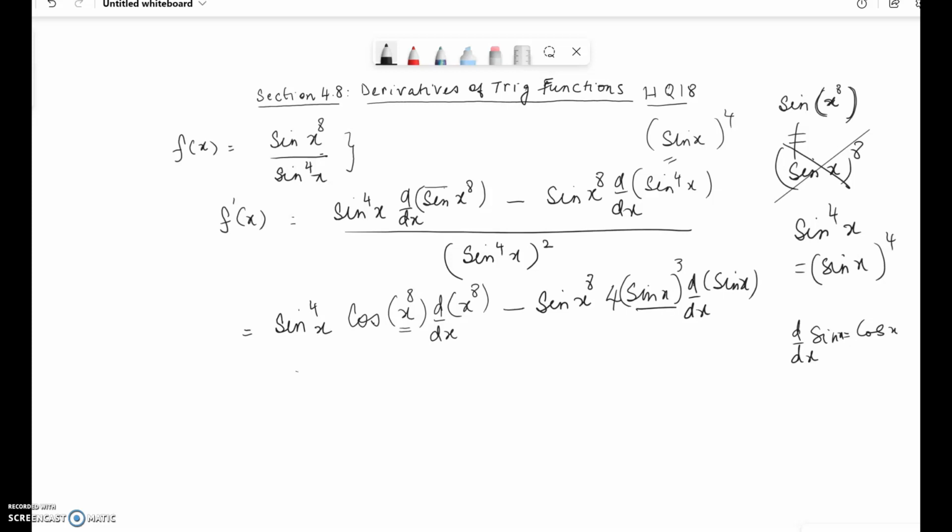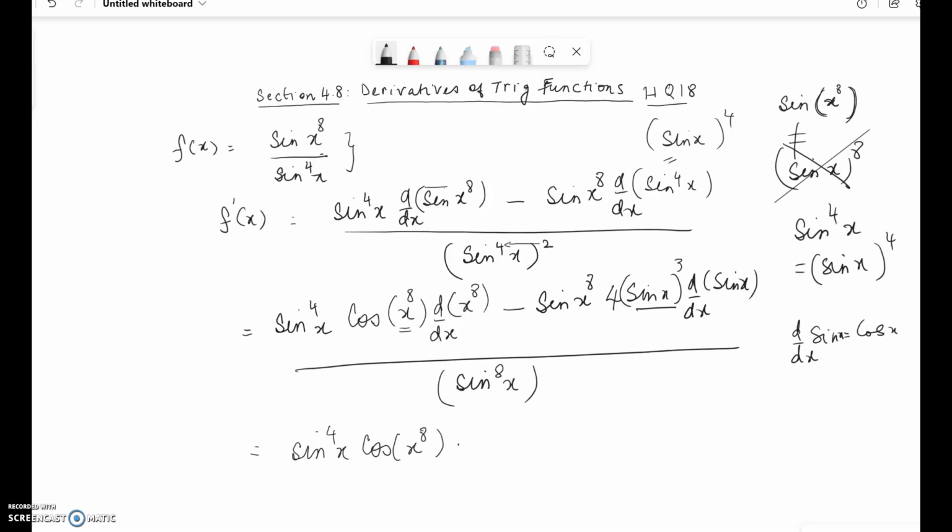which is sine of x, divided by sine to the 4 times 2, which is 8th x. That is equal to sine to the 4th x cosine of x to the 8th power times the quantity 8x to the 7th. d by dx of x to the 8 is 8x to the 7th.